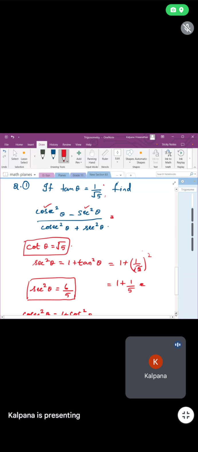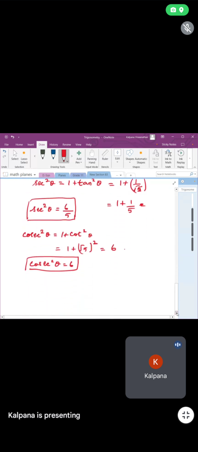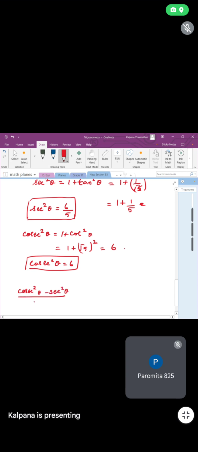Cosecant square theta minus secant square theta by cosecant square theta plus secant square theta. So it is 6 minus 6 by 5 divided by 6 plus 6 by 5.